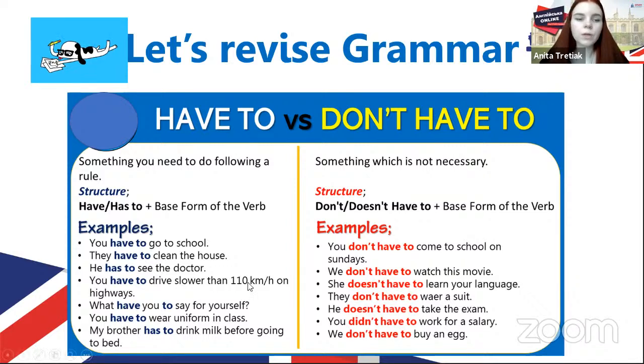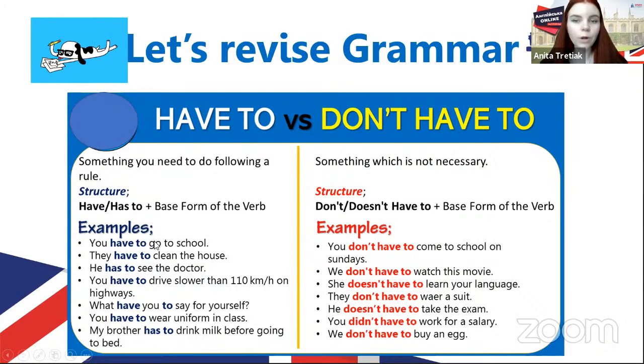After this, as you can see, we need to use the base form of the verb. What does it mean, base form of the verb? This is the verb with no endings, with no other prepositions, and so on. So that's just the word without anything, just the word. So as you can see here, you have to go to school.